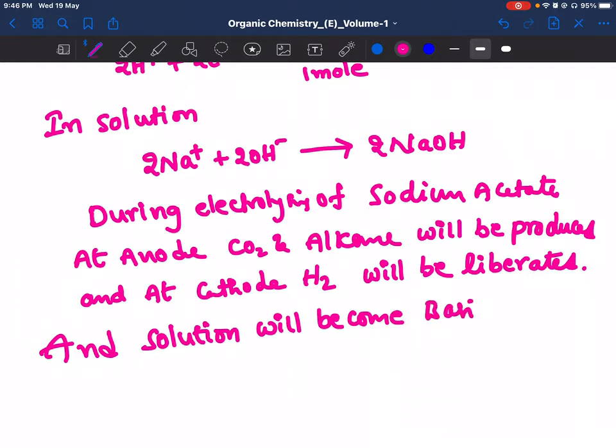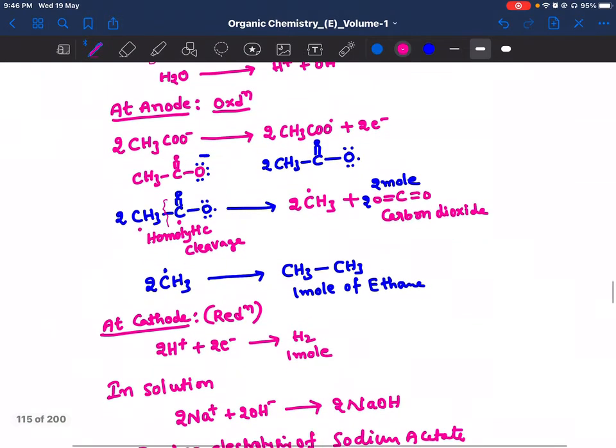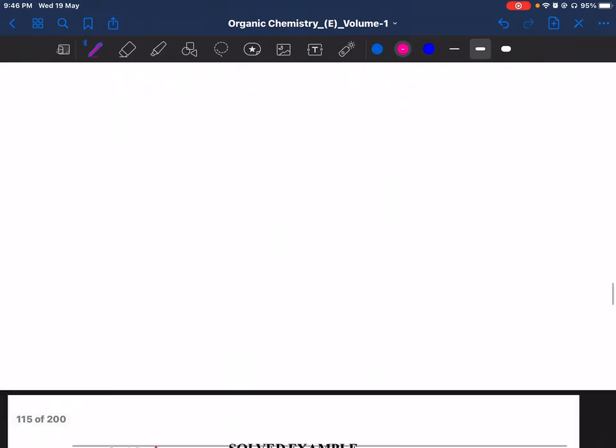Okay, students, understand? So this is Kolb's electrolysis.